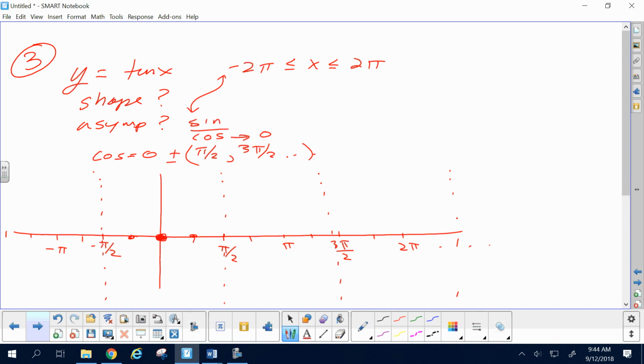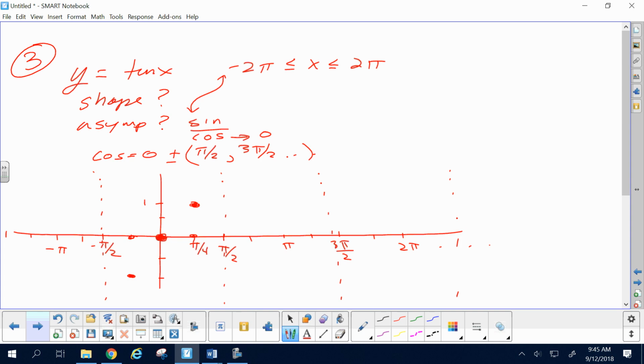Tangent of 0 is 0, right? Pi over 4 is between pi over 2 and 0. So what is tangent of pi over 4? 1. Sine over cosine is 1. Now, that's what I expect you to show a vertical scale. So whatever you choose to show for 1, I should see a point at pi over 4, 1, communicating to me that you know how to stretch a graph when necessary, or what the vertical growth factor is.